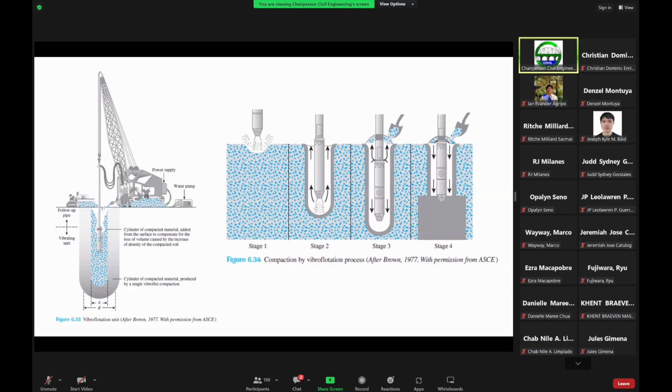The different types of ground improvement techniques, such as the stone columns approach, as well as the rammed aggregate pier approach. There are numerous ground improvement techniques that we do for problematic soils, depending on the type of material. But this is already discussed in the masteral degree.